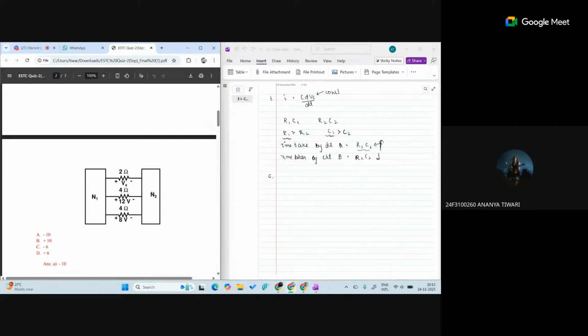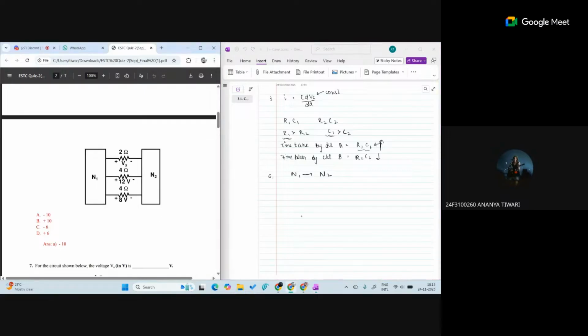And here in N2 side we have negative side. So current will pass in the direction N1 to N2.